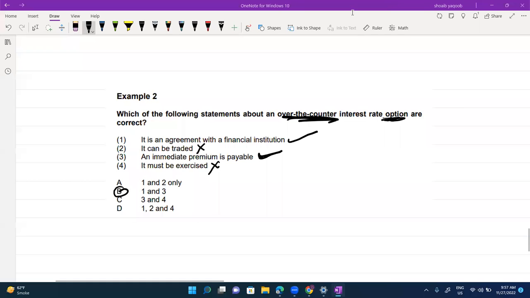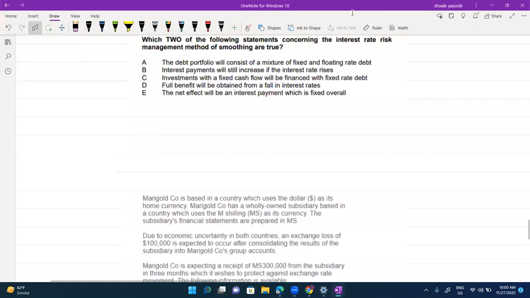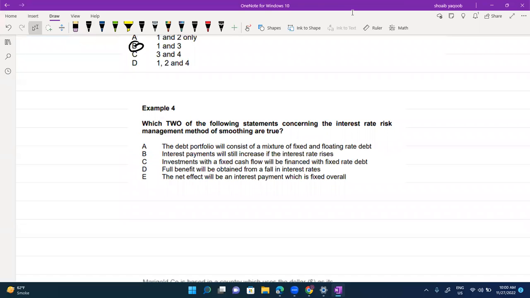Okay, Ji. We have a question. Which two of the following statements concerning the interest rate risk management method of smoothing are true? Smoothing. Do you know what is smoothing? Guys, आपको आइडिया है what is smoothing?